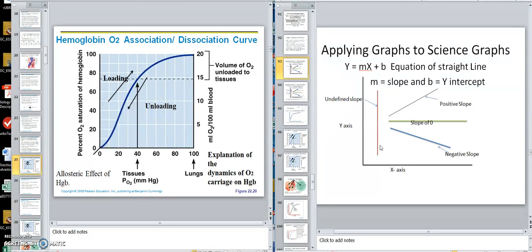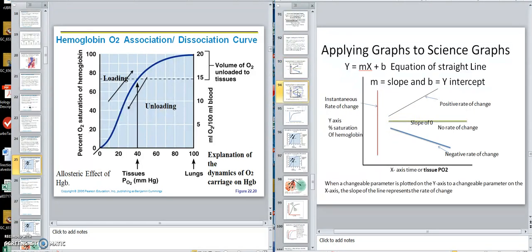Any slope above zero is a positive slope. This here is a zero slope. This is undefined. And any slope down this way would be a negative slope. That's refreshing your memory from what I know you did in high school and a math course in college.